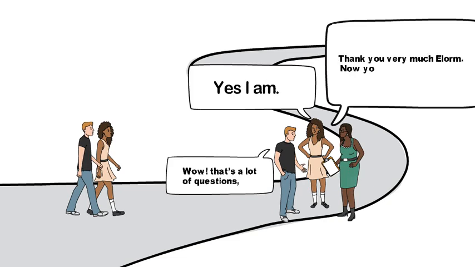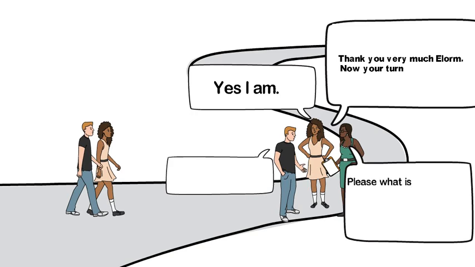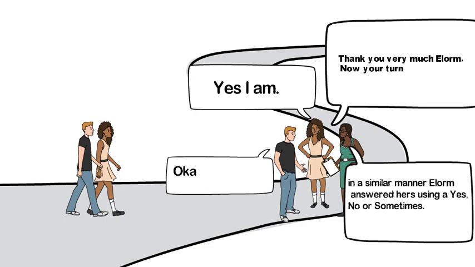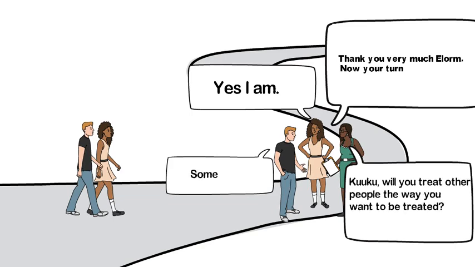Now your turn. Please, what is your name? Does my name really matter? Anyway, you can call me Kuku. Okay, Kuku. I am going to ask you some questions as well. Kindly answer them in a similar manner Elom answered his, using a yes, no, or sometimes. Okay. Kuku, will you treat other people the way you want to be treated? Sometimes.